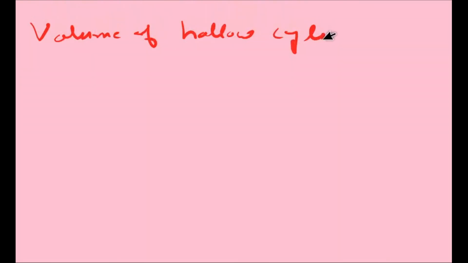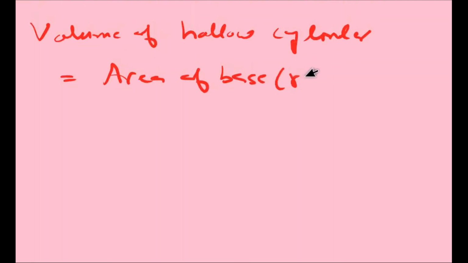So the volume of a hollow cylinder equals the volume of the ring, which is the area of the base, meaning the ring, into height.